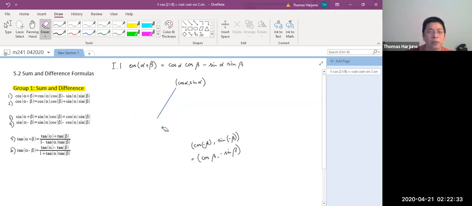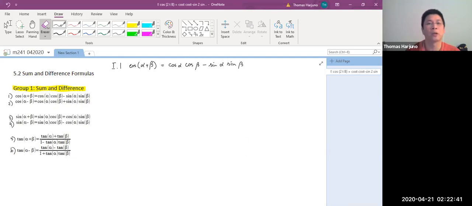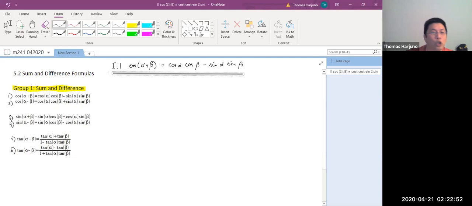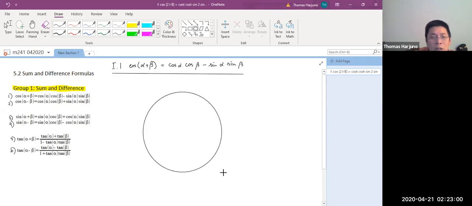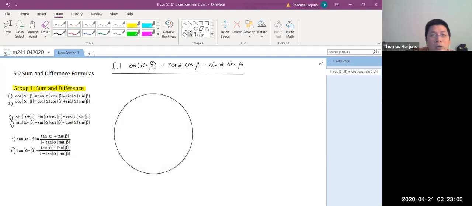Now let me erase all of this first. I want you to sketch together with me what I just erased. Okay, I will start with a unit circle, a circle in the coordinate system. Let me move it a bit to the left.